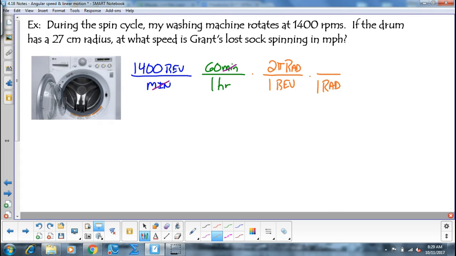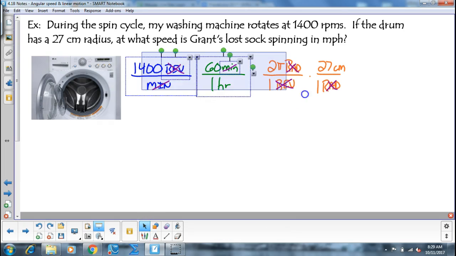Radian is 27 centimeters, right? So now I have gone from revolutions per hour to radians per hour to centimeters per hour. There's 2.54 centimeters in an inch.